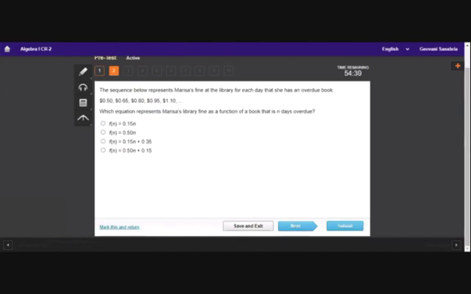So it would be B, right? If you plug in 1, you get 50. But if you plug in 2, you don't get 65. You get a dollar and 50. So it can't be that one.